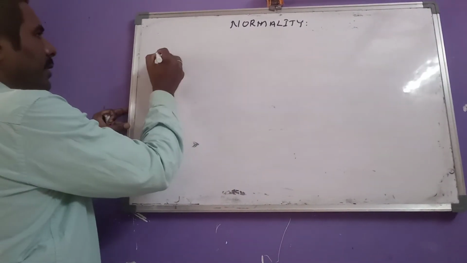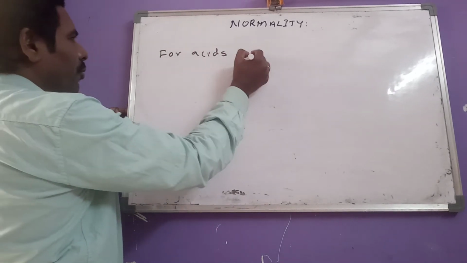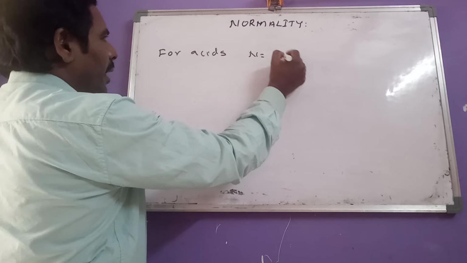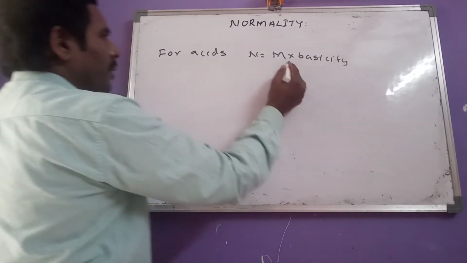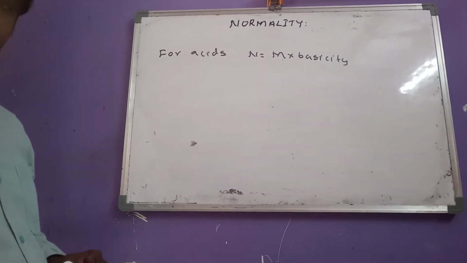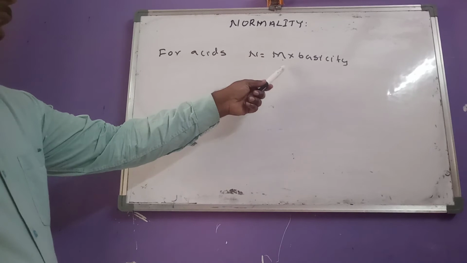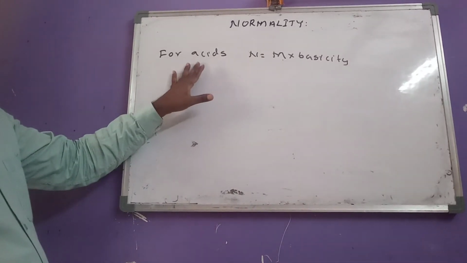After this, the next one is the relation between normality and molarity. For acids, normality equals molarity into basicity. By multiplying molarity with basicity, that can be changed into normality. This is for acids.